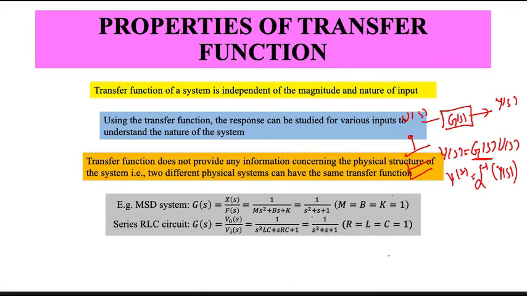Its transfer function was 1 by (s square LC plus sRC plus 1). If R, L, C are equal to 1, 1 by (s square plus s plus 1) is the transfer function. So these two are the same transfer function for two different systems. Therefore, if I just say 1 by (s square plus s plus 1), it could mean more than one system. Physically I could realize it with a mechanical system or even as an electrical system.